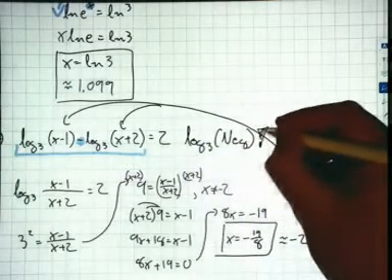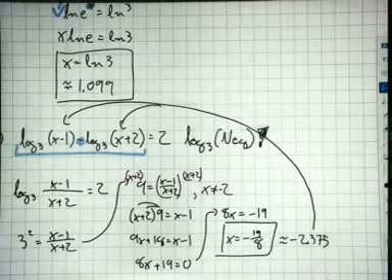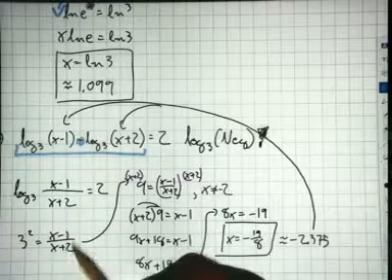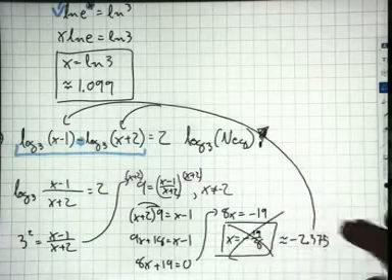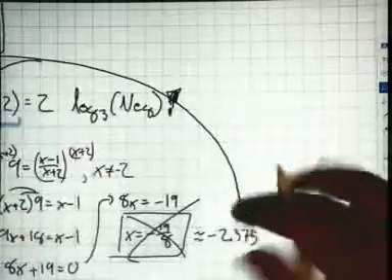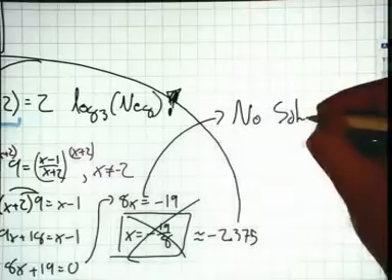Yikes. You can't do that. So while this works for this expression, it doesn't work in the initial equation, so that can't be it. That just basically means that we have no solution.